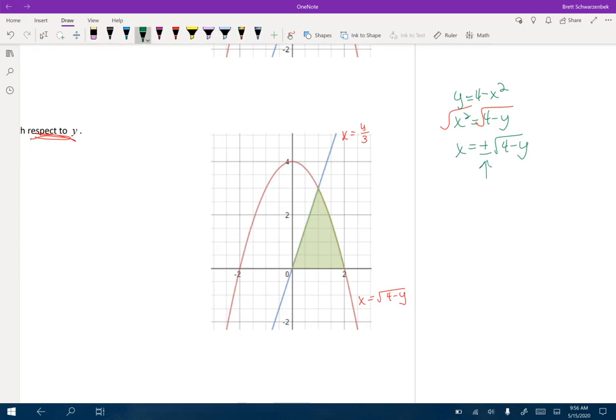On this side of the curve, the equation is the positive square root of 4 minus y. But on the other side of the curve, the equation is the negative square root of 4 minus y. This is important. This will come up much more in detail in the next problem, but note that that is the case.